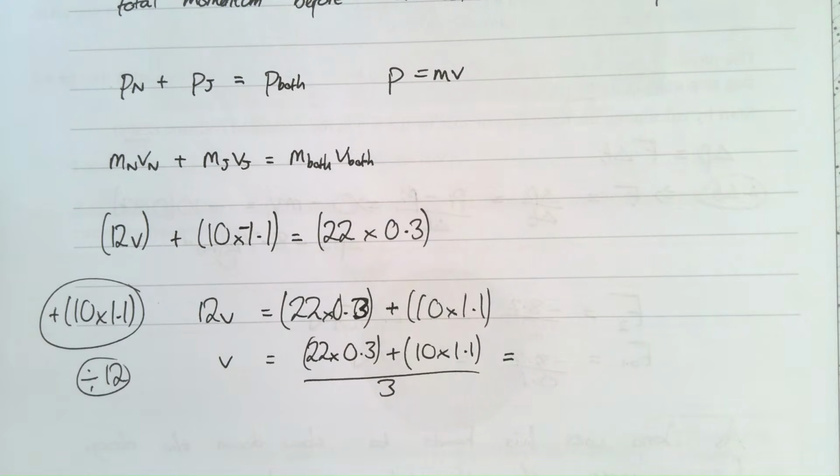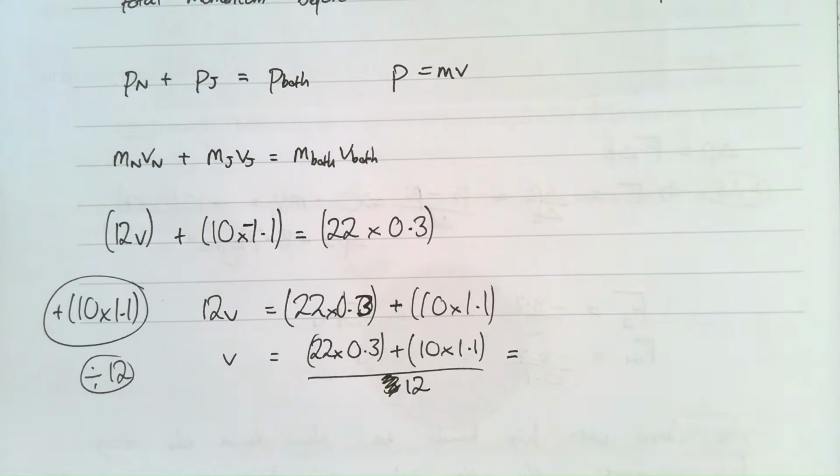So we are going to times various numbers together. And we should get a velocity of 5.86 to begin with. I don't know why I wrote divide by 3.